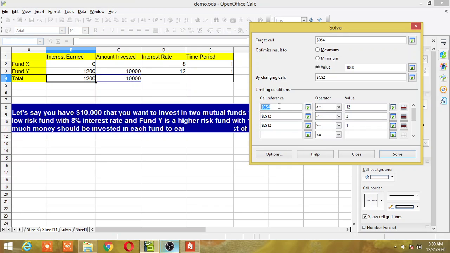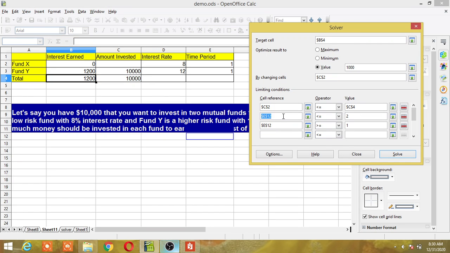I have to click on this cell. This C2 should be less than or equal to, click on the cell and then select this. So this is the condition I have given. The cell C2, that means the fund X amount invested, should be less than or equal to 10,000. 10,000 is stored in this cell C4. So I've given C2 should be less than or equal to C4.